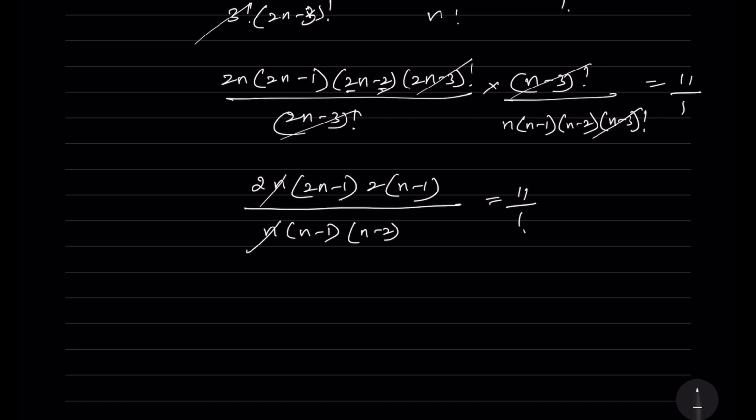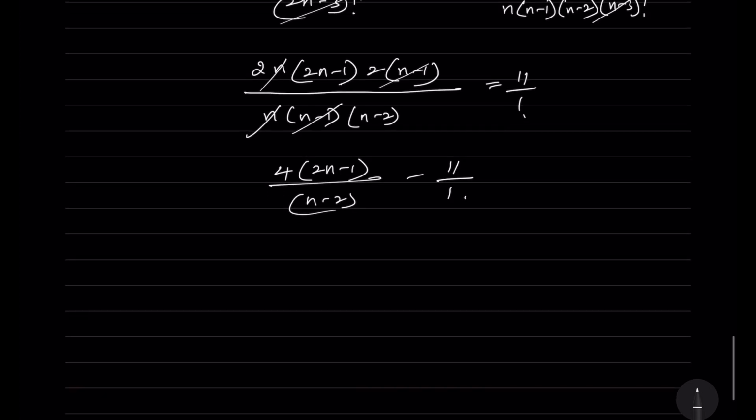So now you can cancel this, and n minus 1 also will get cancelled. So you are getting 4 into 2n minus 1 divided by n minus 2 is equal to 11 by 1. So therefore this will be equal to 8n minus 4 divided by n minus 2 is equal to 11 by 1.